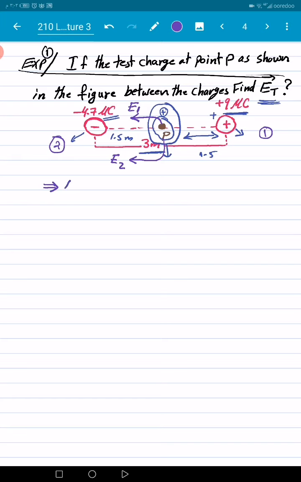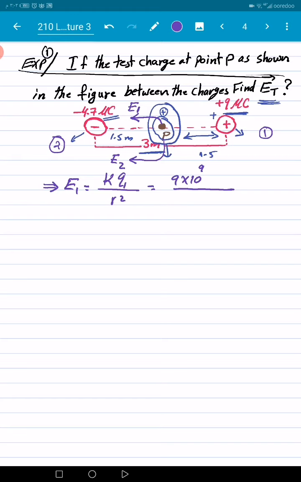Okay, now move to the next step, apply the equation. E1 is equal to K Q1 over R squared. K is the constant, 9 multiplied by 10 to the power 9.